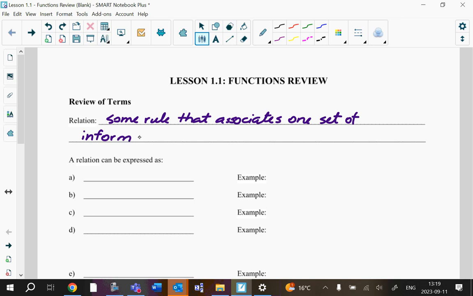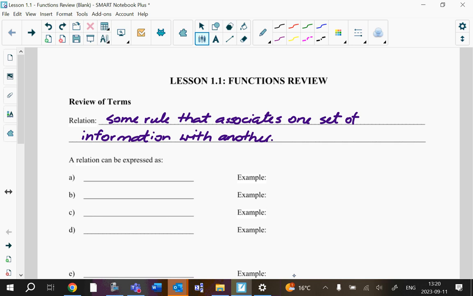Could be words, could be numbers, could be both. Usually it's numbers. But we did see when we first looked at these in grade 10 that it could be words. We'll focus on numbers.